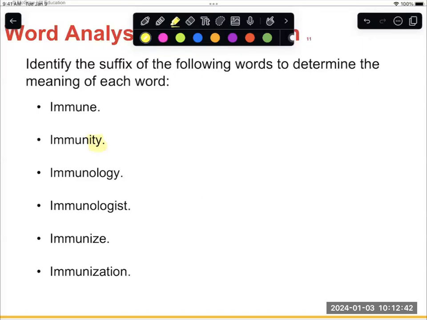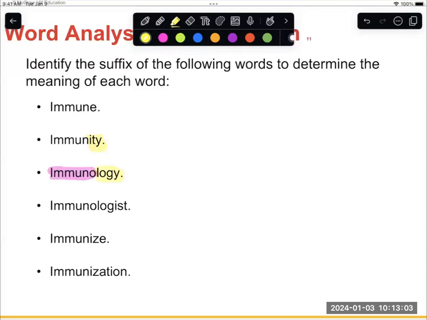Immunology, with the combining form immuno, means the study of protection from disease.